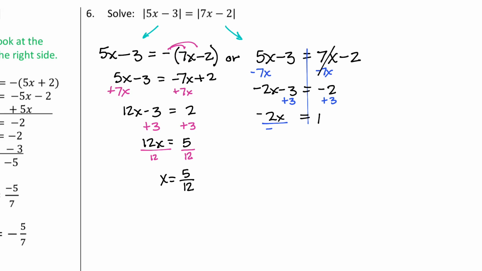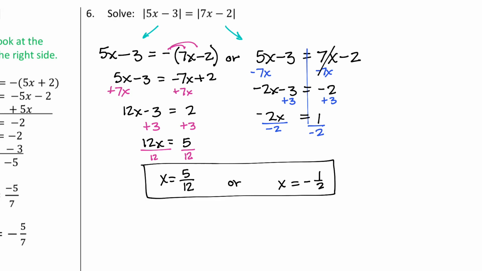Divide both sides by negative 2. Okay, now at this point, I'm just going to show you what I do. I normally would write x equals right here, right? But because I'm done, and these are my answers, I'm just going to move it down here. So x equals negative 1/2. So I can drop my or and box it.